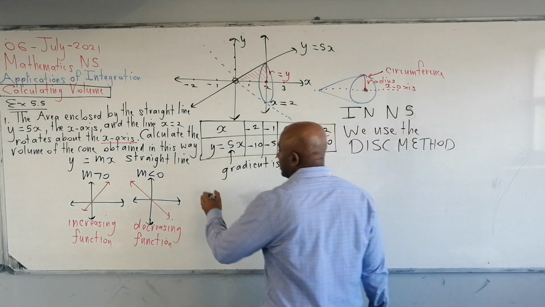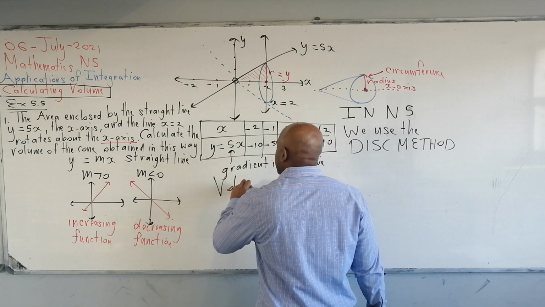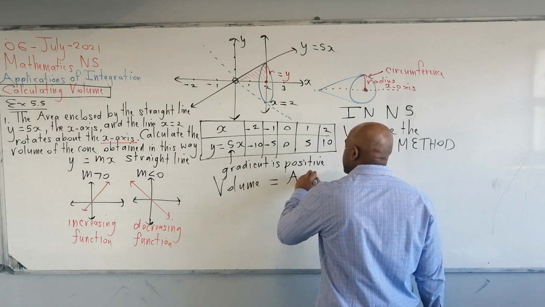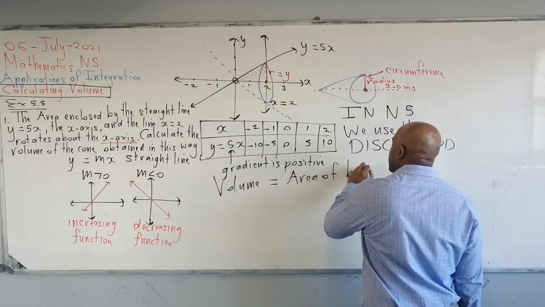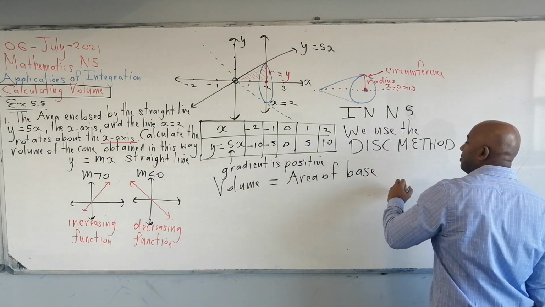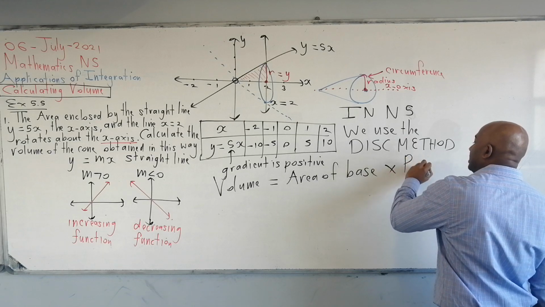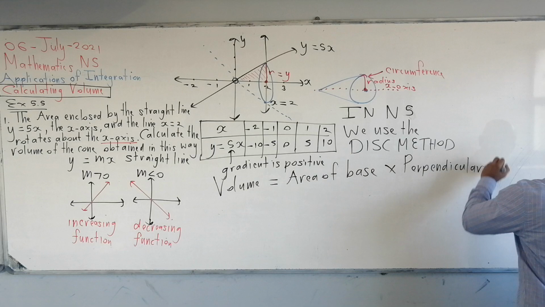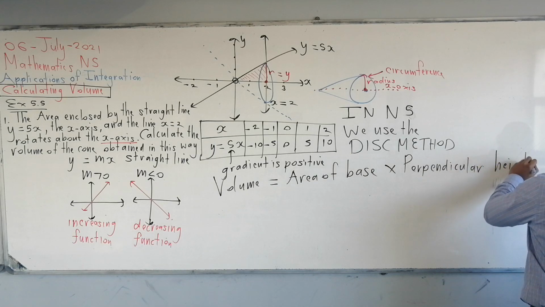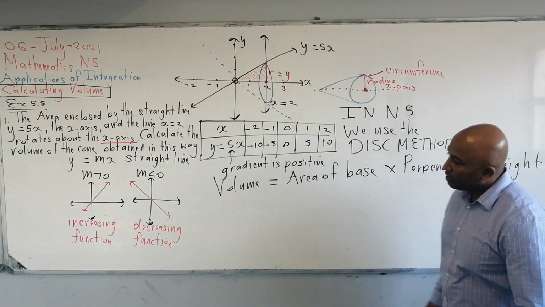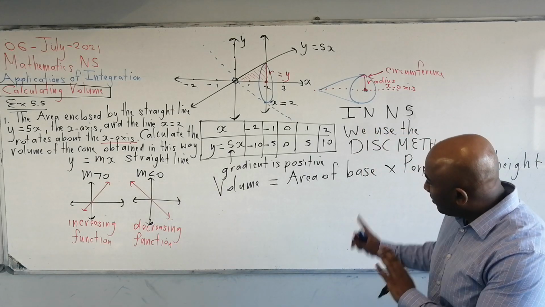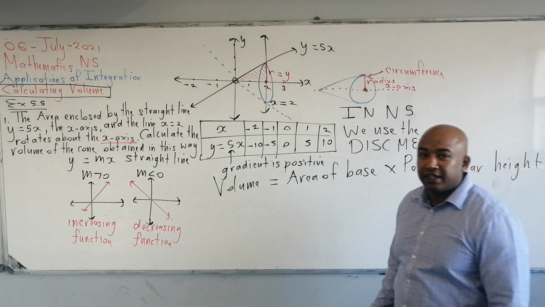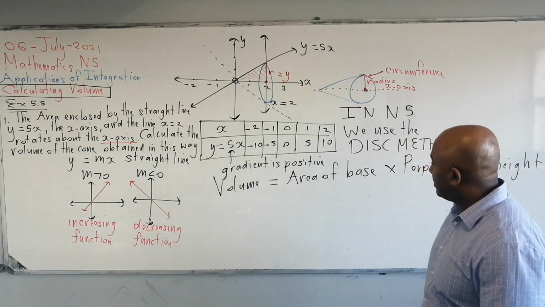So what is the formula for the disk method? Volume is equal to area of base multiplied by the perpendicular height. So this is the only formula that we are using in N5. It's always area of base times perpendicular height for the disk method.